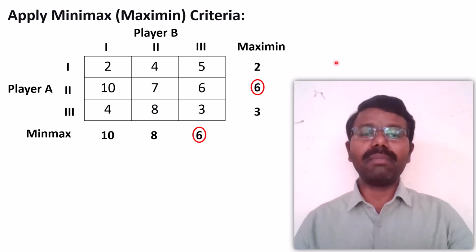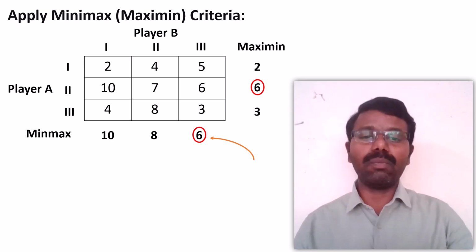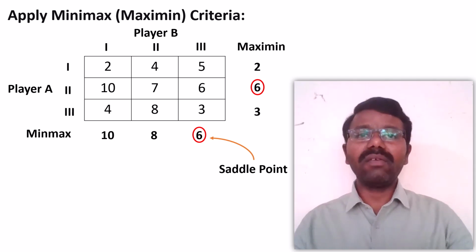Here the maximin value for player A is 6 and the minimax value for player B is 6. These two are equal, so that is called the saddle point. This 6 is the saddle point. Whenever the minimax value is equal to the maximin value, that value is called a saddle point.